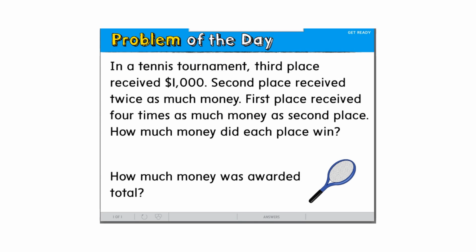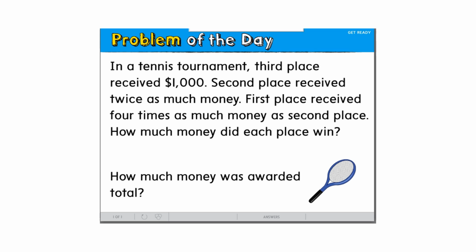So here's your problem of the day for your whiteboard. If you didn't get a whiteboard, I'm going to grab a couple more so that everybody has one. So you can always work this out on your notes until you get a whiteboard. In a tennis tournament, third place received $1,000, second place received twice as much, and first place received 4 times as much as second place.